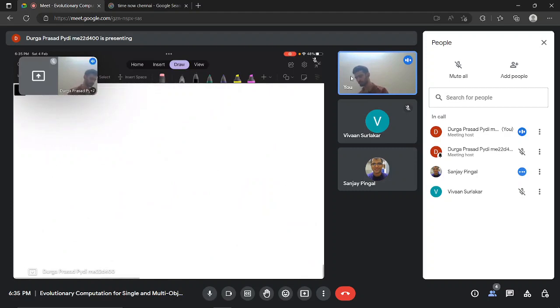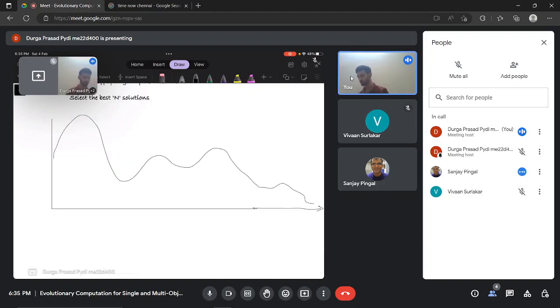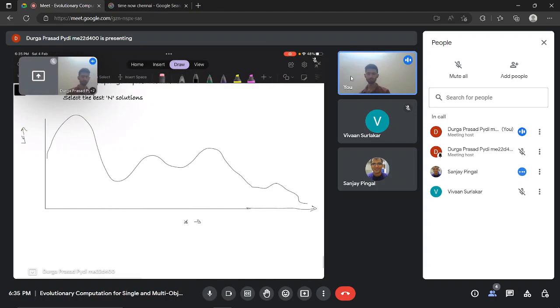let us just consider one multimodal function. Say you have some function like this, and your objective is to maximize this function. To give you a graphical understanding of it, the first step is generating some random population.